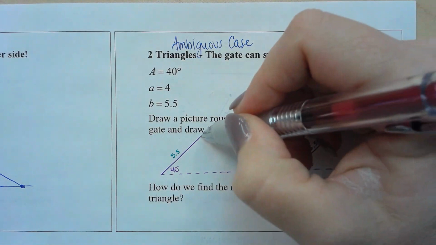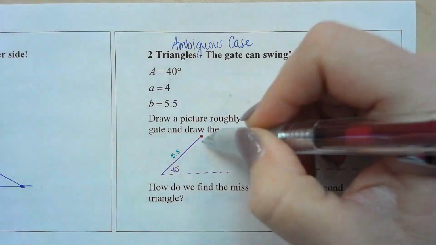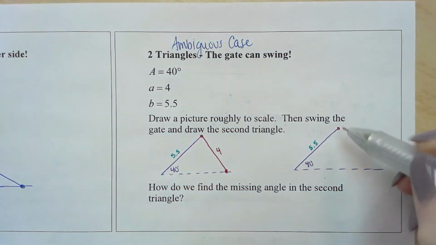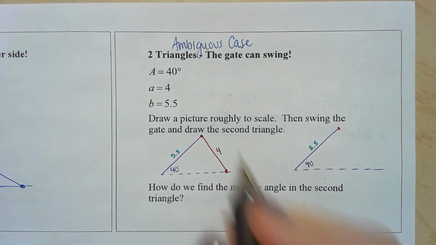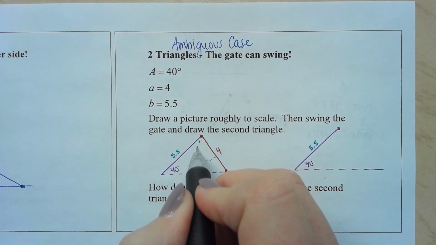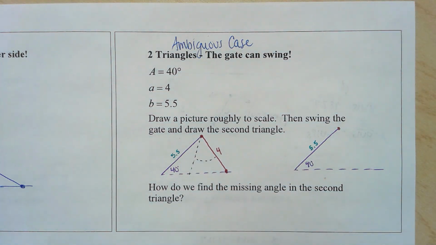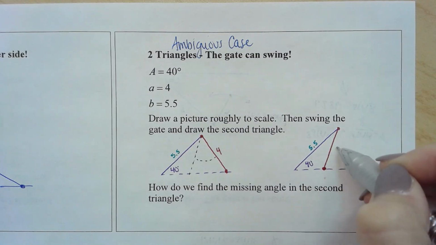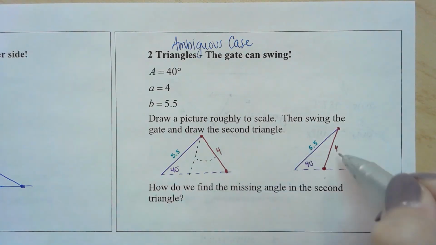All right, so from the pivot point, the gate either went down and to the right and hit the ground, or it swung in and hit the ground about here. The length is still 4 though, right? That's not changing. I just have two different triangles.